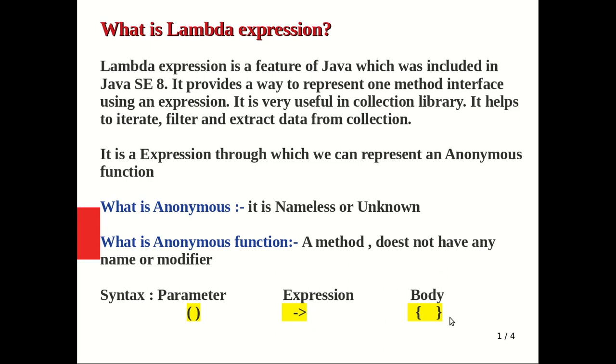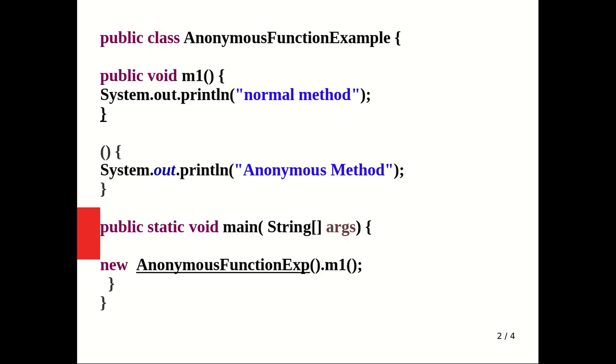Now I am going to show you what an anonymous function is. In this example we are going to see an anonymous function example. I have created a class with the name AnonymousFunctionExample, and here we have two methods. The first is the m1 method, which is a normal method that has a return type and a modifier also.